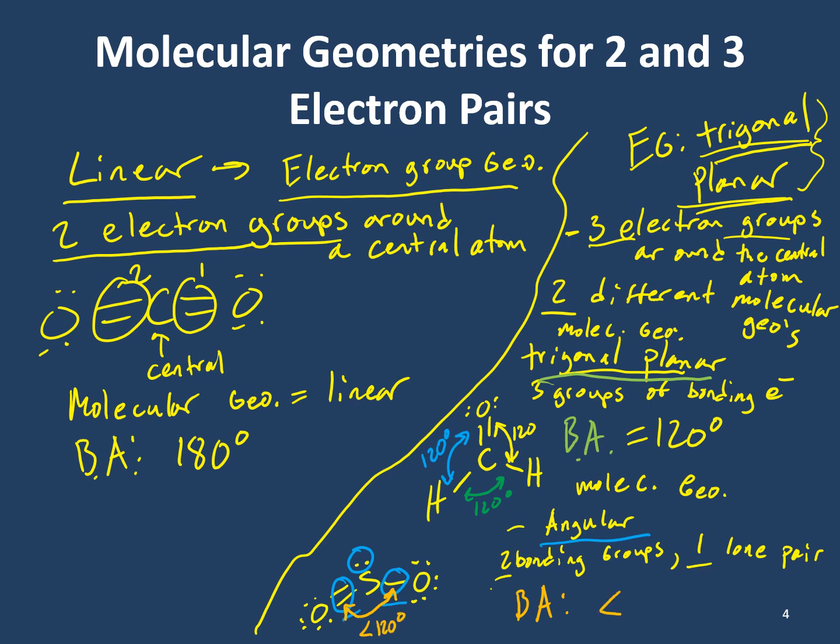So our bond angle, x, whatever it is, is less than 120 degrees. And this is because this lone pair here is taking up a lot more space than the bonds, which means it's going to push these 2 bonds closer together. Okay, so those are our molecular geometries and electron group geometries possible for when we have 2 or 3 groups of electrons around the central atom.